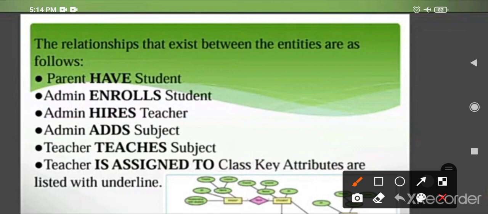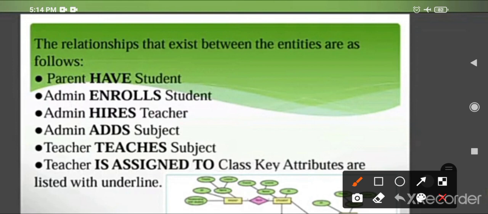The first one is parent has the student. The second one is admin enrolls the student. Admin means the correspondent or the principal of the particular school. The third one is admin hires teachers. Hire means appointing the teachers for taking the subjects.